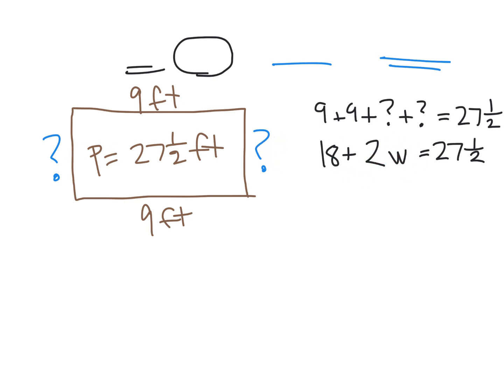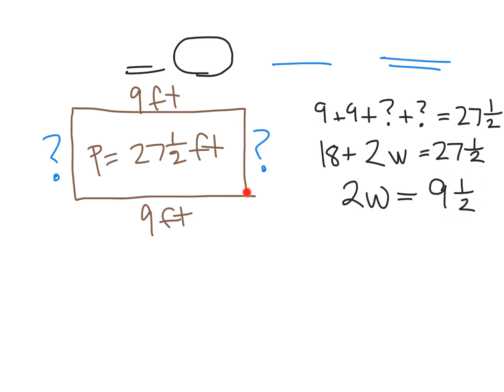And so I can see that, oh my goodness, if I know that 18 of my 27.5 feet is taken care of, right? So that means my 2 widths must be, let's see, 9.5. Now, how did I get that? Well, if all the way around is 27.5, and I already know 18 of it, so I just subtracted these 2 guys, and I got 9.5.